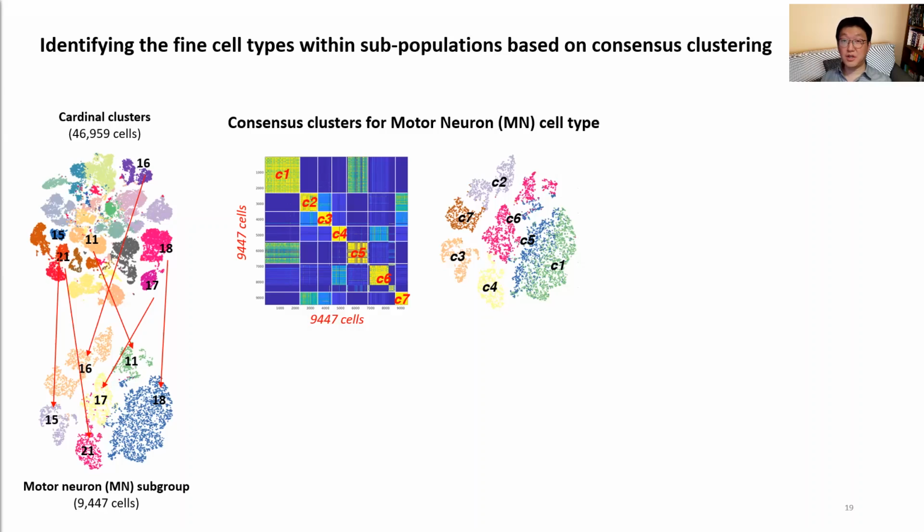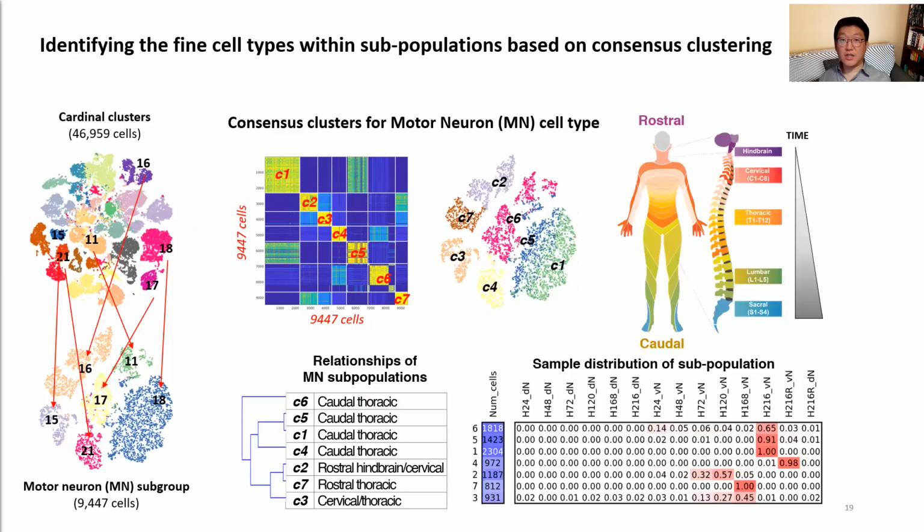So as you can see here, we identify the 7 clusters, and we can clearly see the block diagonal structure upon the consensus matrix. To characterize our final clusters found here, we examined their relationship to each other by doing a hierarchical clustering between the pseudo-bulk gene expression profiles of each cell group.